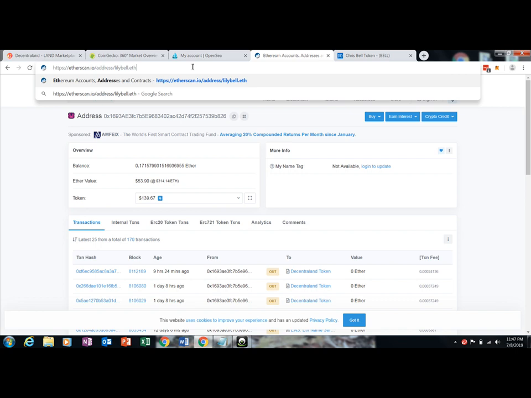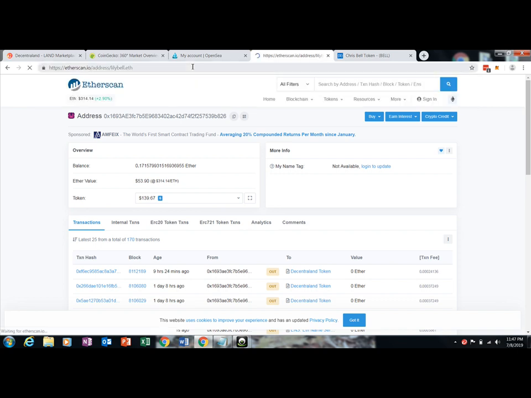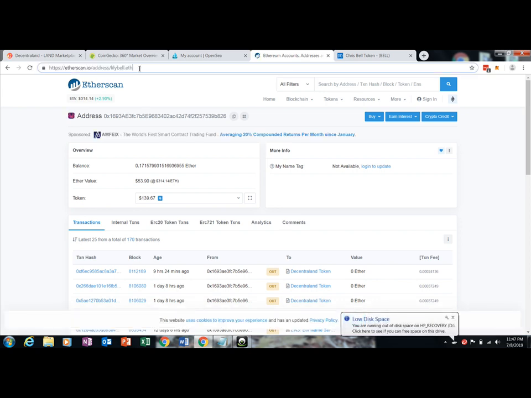This is just like a .com. The .eth, when you buy it and resolve it to an address, you can resolve it to this specific address, which is your address, and then you can tell people to send you money to lilybell.eth, please. And you can type that right in and send money to that.